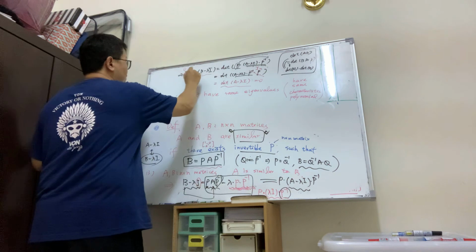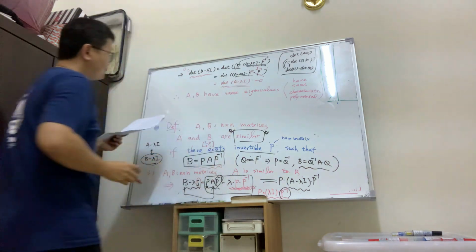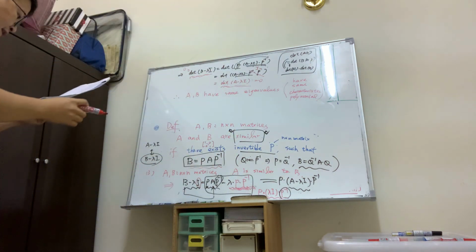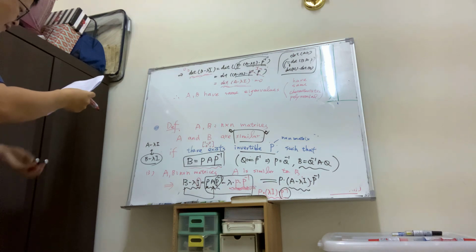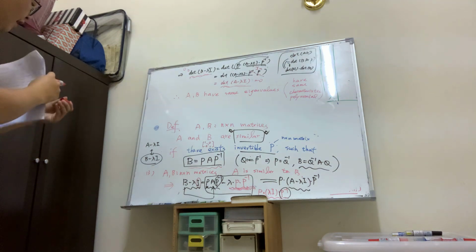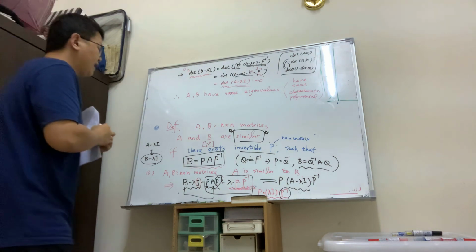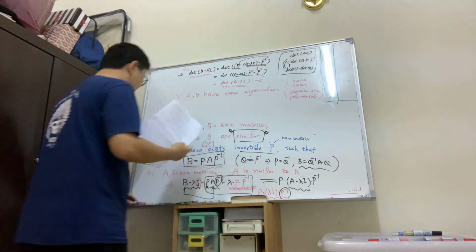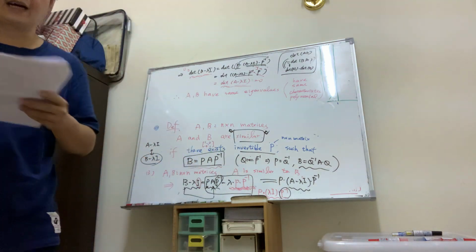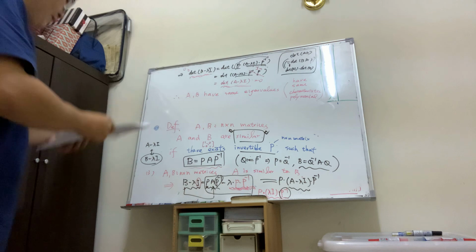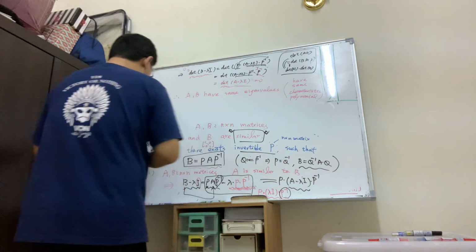Characteristic polynomial means this one. Okay. But they don't have the same eigenspace or eigenvectors. They just have the same eigenvalues. And it's an important concept. In the next section, section 6.3.